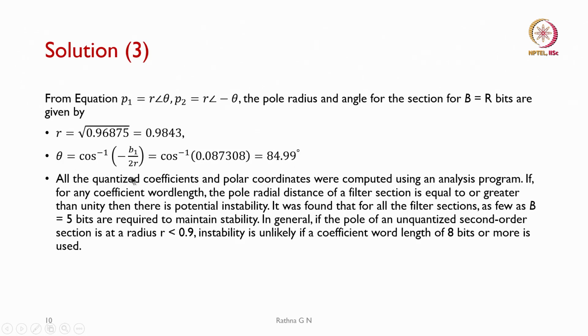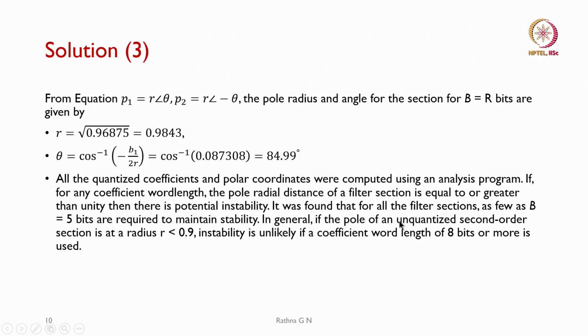So, what it says is that all quantized coefficients and polar coordinates were computed using an analysis program, and if for any coefficient word length the pole radial distance of a filter section is equal to or greater than unity, then there is potential instability. That is what the literature gives, and then it was found that for all the filter sections as few as b equal to 5 bits are required to maintain stability.